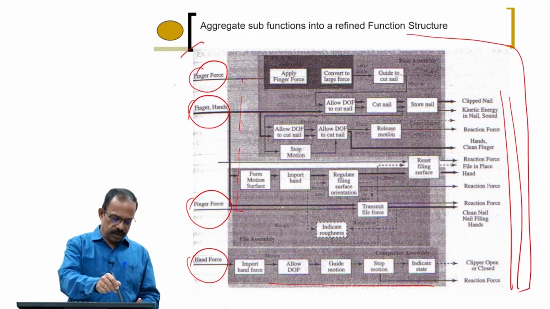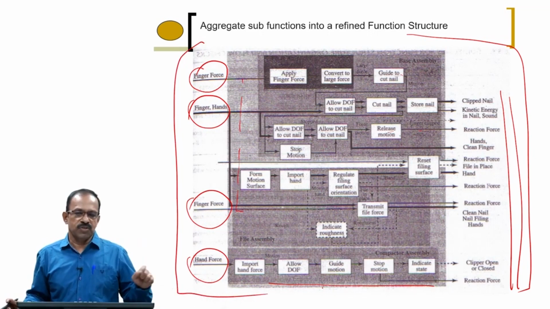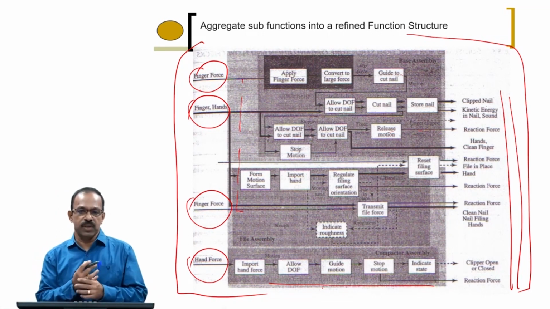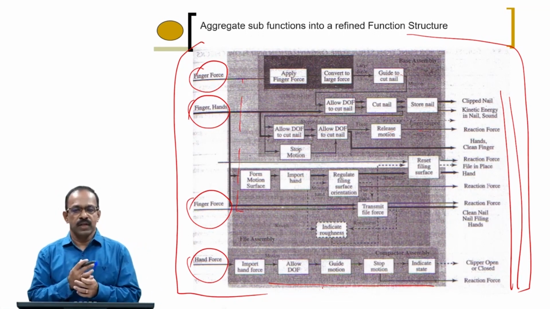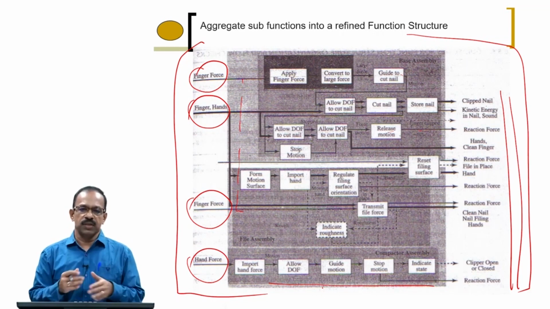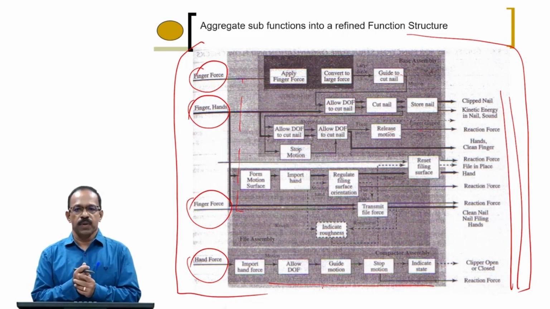So, the complete function structure for the product can be obtained like this. The previous ones showed individual requirements, and there may be many requirements. So, look at all those requirements, get the functions, and then aggregate all these sub functions into a single structure that shows the complete functional decomposition of the product.